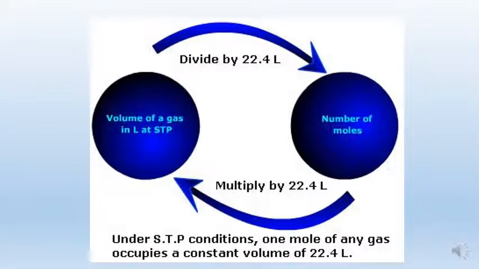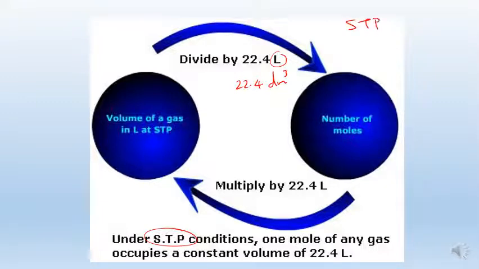Okay, so many of us have studied gas laws, and we speak of volumes, and we speak of liters, but we know that 1 liter is the same as 1 decimeter cubed. So it's interesting that we also speak of STP, standard temperature pressure. What is that?